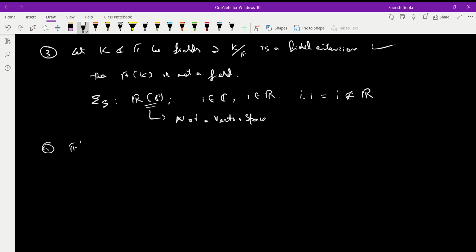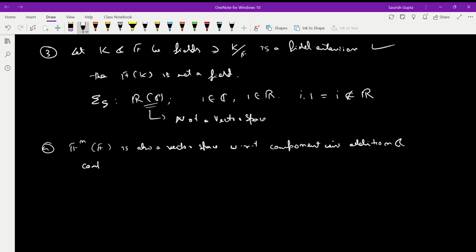On analogous steps, we can also show that if you consider the n-tuple space F^n, then F^n over F is also a vector space with respect to component-wise addition and component-wise scalar multiplication.